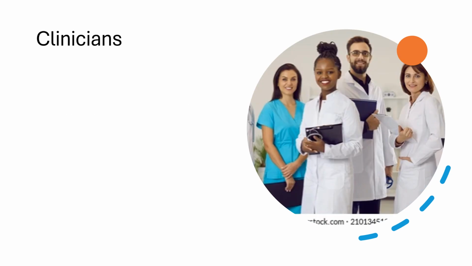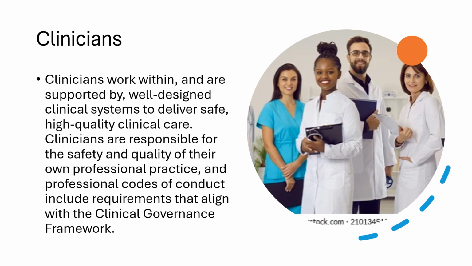Second are the clinicians. Now, our roles and responsibilities involve working within the well-designed clinical systems in delivering safe and quality clinical care. We all know that we already have policies and procedures or a system in place to deliver safe and quality care. What we need to do is to be professionally responsible.